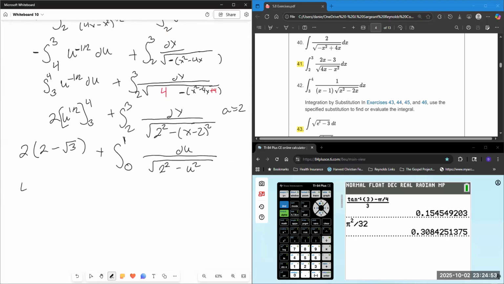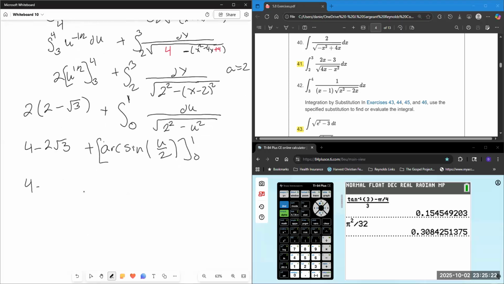So this is 4 minus 2 root 3 plus 1 over, this is arc sine of u over 2, evaluated from 0 to 1.